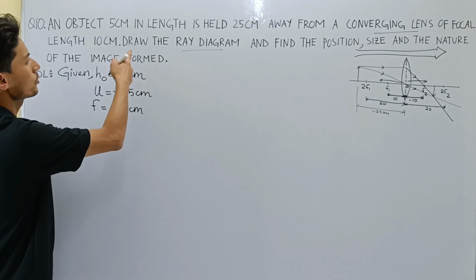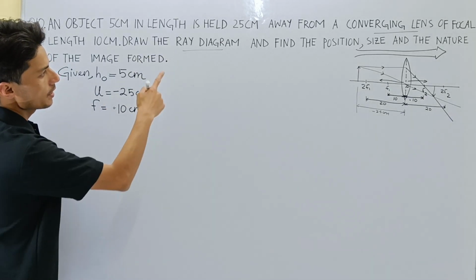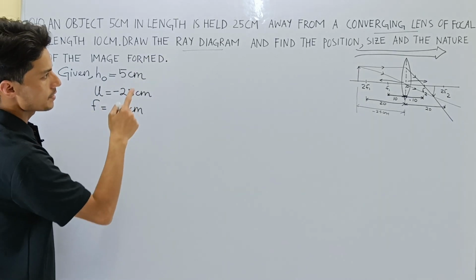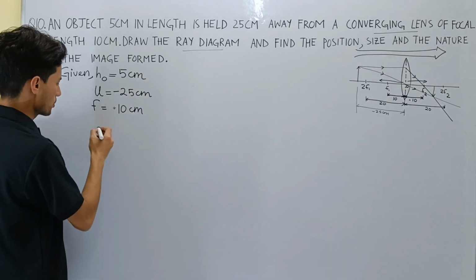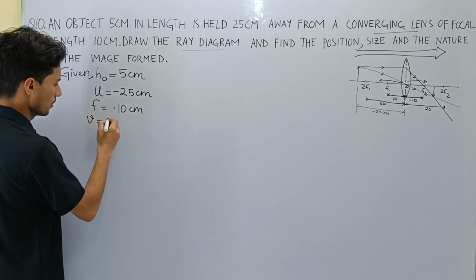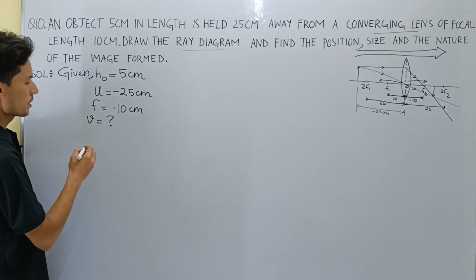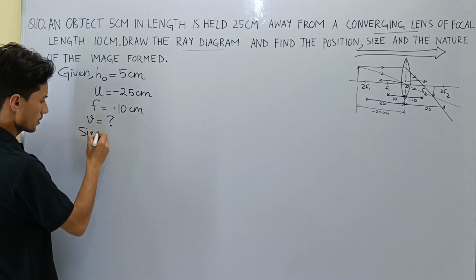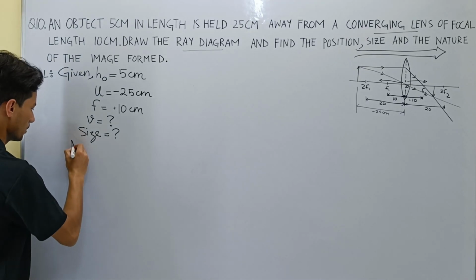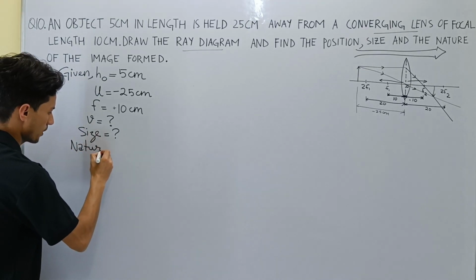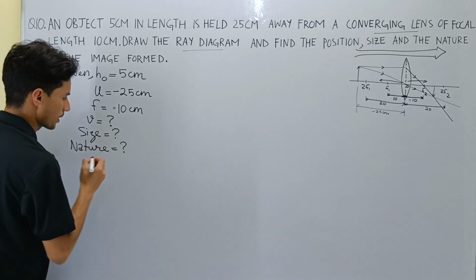Now after that, draw the ray diagram. We have drawn the ray diagram, and now we find the position, size and nature of the image formed. So we have to find the position of the image, V, question mark. We have to find the size, question mark, as well as the nature, question mark.